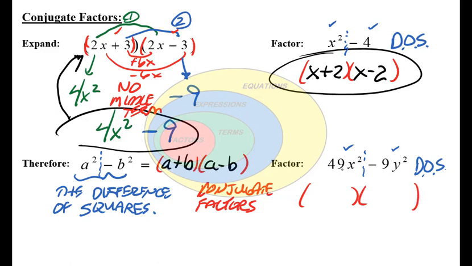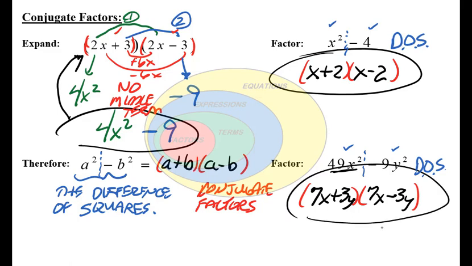So if I look at the first term, what do I need to square to get 49x squared? It would be 7x. So the first term has to be 7x. And then I'd have plus and minus. What do I square to get 9y squared? It would be 3y. So this would be conjugate factors 7x plus 3y, 7x minus 3y.